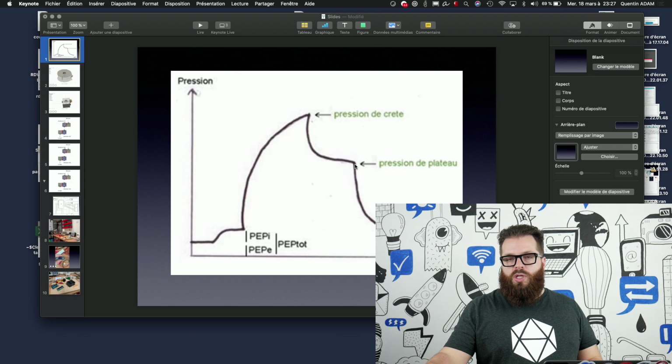That's why you need to keep pressure. We call this positive end-expiratory pressure, and you need the ability to have between 5 and 15 millimeters of H2O of positive pressure.